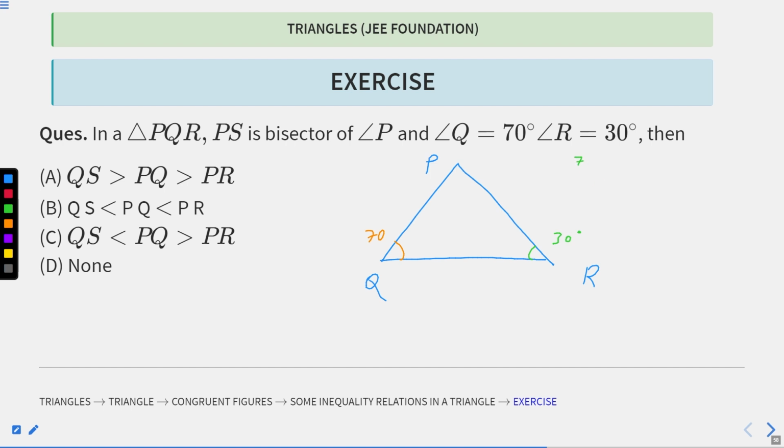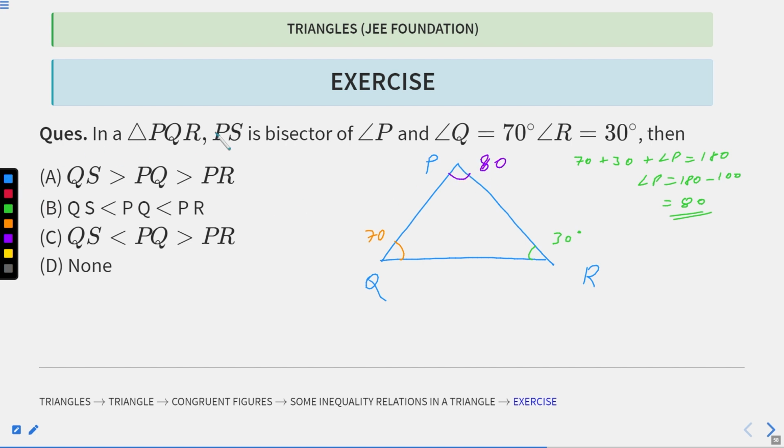Then if you recall, 30 plus 70 plus angle P must be equal to 180 degrees. So angle P is 180 minus 100, which means the remaining angle P is 80 degrees.